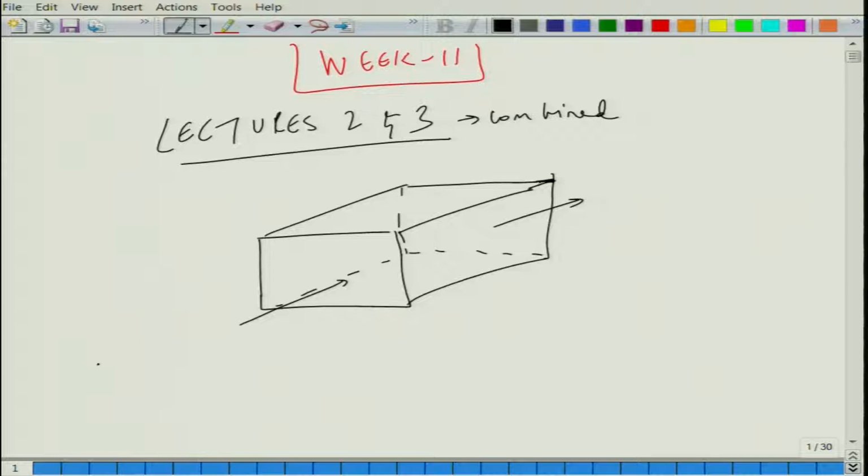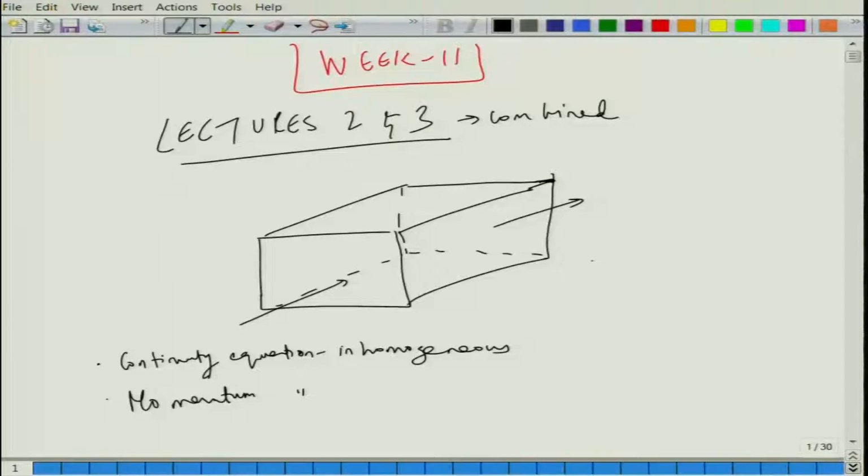Our first job is to rewrite the continuity equation, which is now inhomogeneous, and the momentum equation, which is homogeneous, and combine them to get one single inhomogeneous wave equation, or rather the Helmholtz equation, I am sorry.